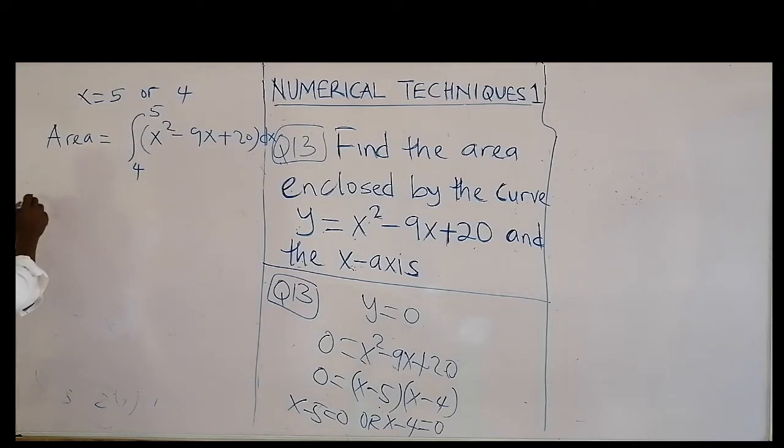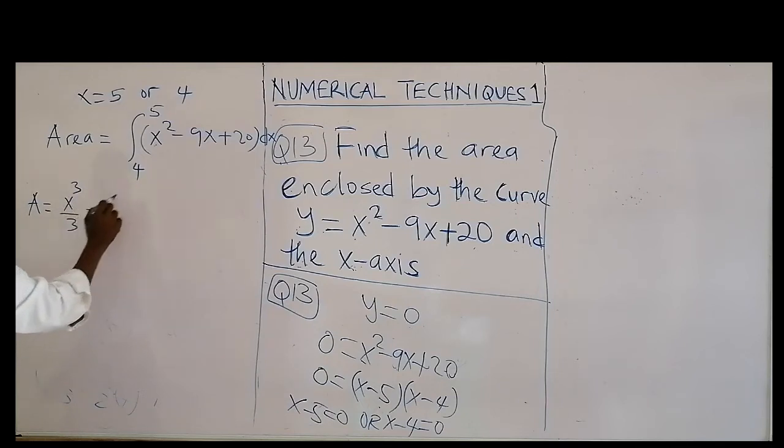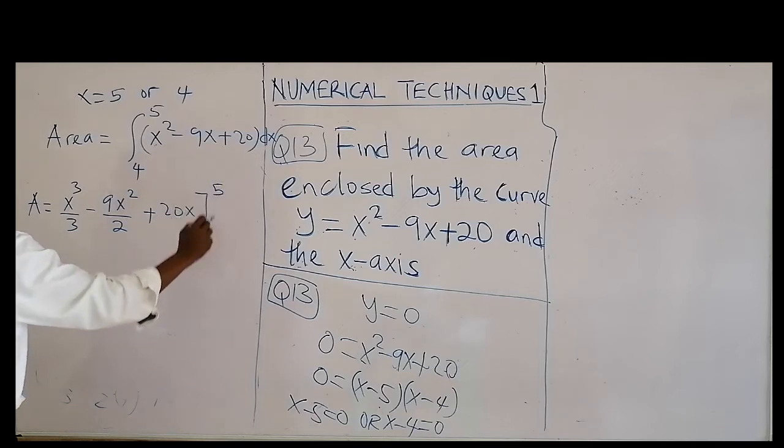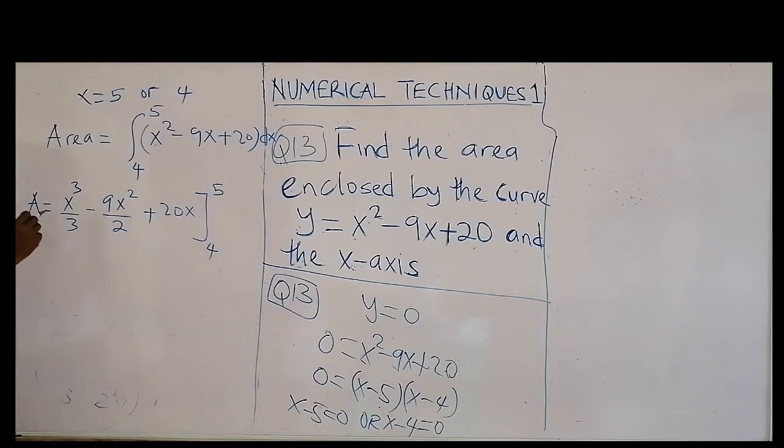Then the integral of x squared is x cubed over 3, minus the integral of 9x, that's 9x squared over 2, plus 20x. Then put in the upper boundary and the lower boundary. For how to integrate, I'll put a link in the description for a more elaborate illustration.